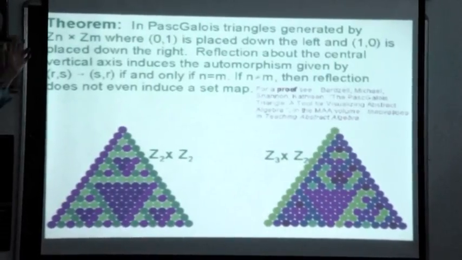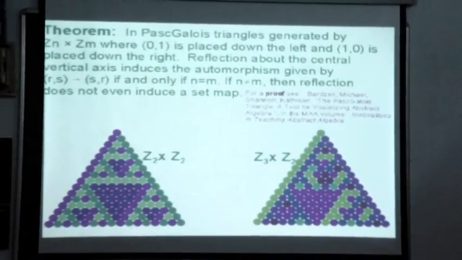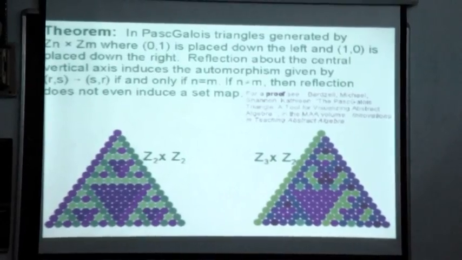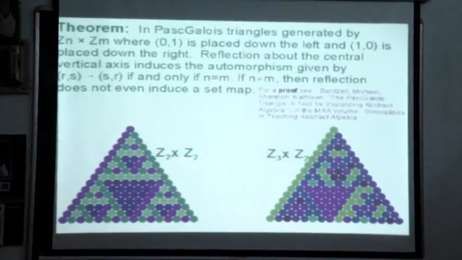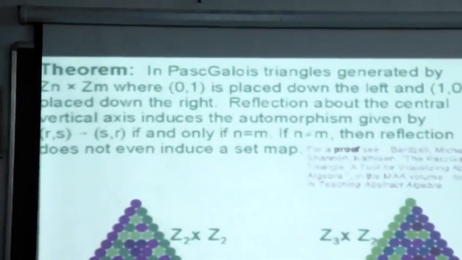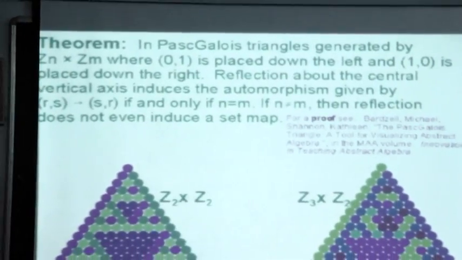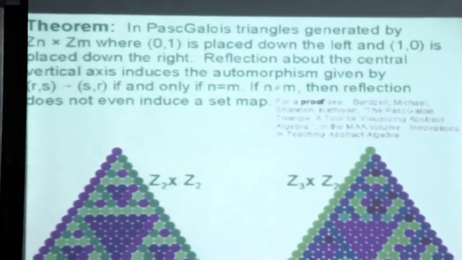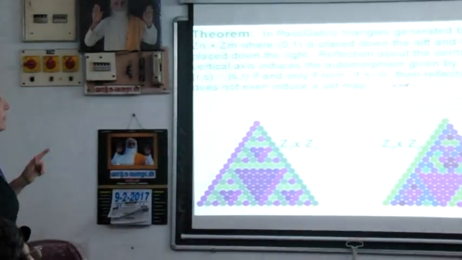So, back to the question. We have a theorem. It's a math talk, so you got to have a theorem, right? In Pascalois triangles generated by Zn, where Zn is the notation used to represent the cyclic group with n elements, cross Zm, where 0, 1 is placed down the left and 1, 0 is placed down the right, reflection about the central vertical axis induces the automorphism.